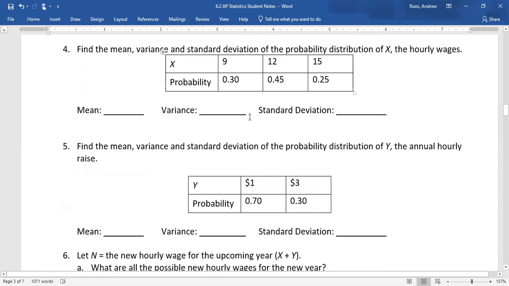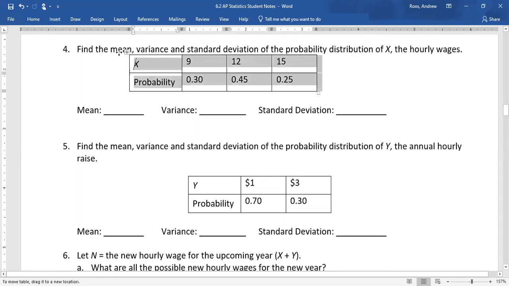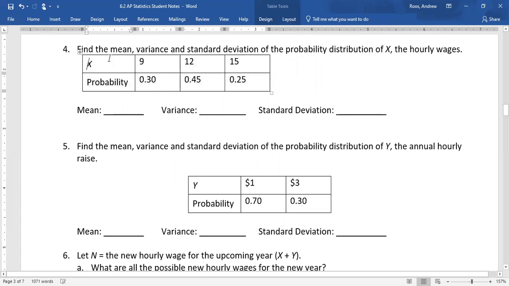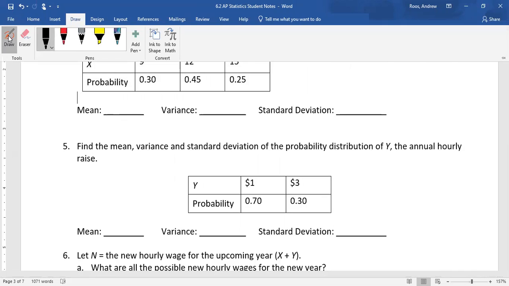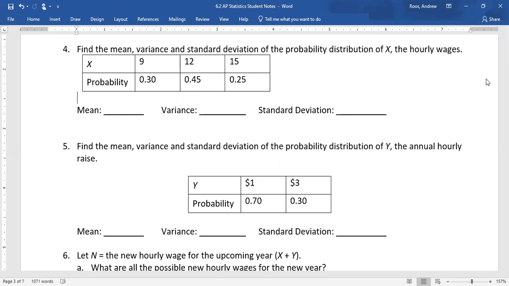So from this probability distribution, we're going to calculate the mean, the variance, and the standard deviation. Let's calculate one of these by hand.